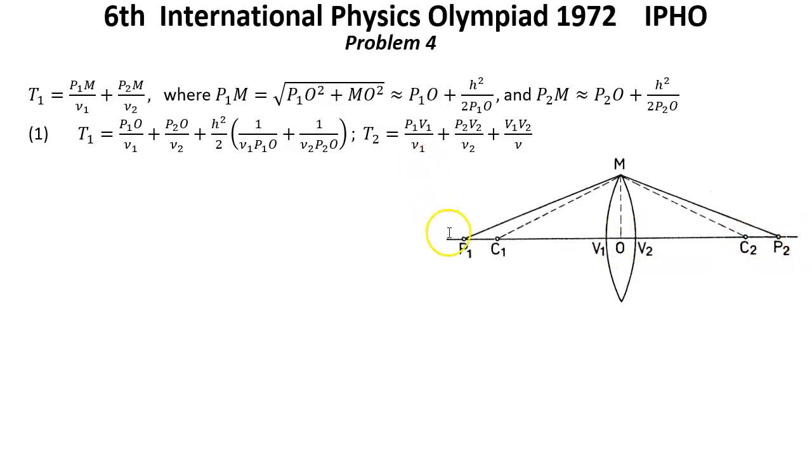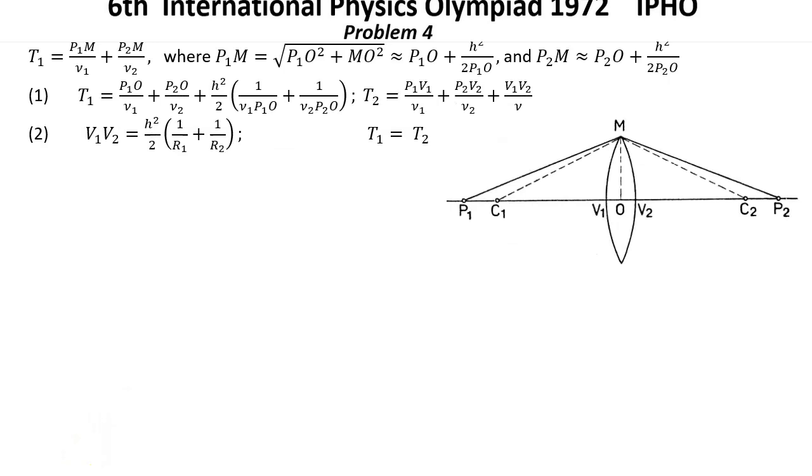And T2, the way from P1 through the optical axis, will be P1V1 over nu1 plus P2V2 over nu2 plus V1V2 over nu. From the same approximation we have V1V2 equal h square over 2 multiplied by 1 over r1 plus 1 over r2.